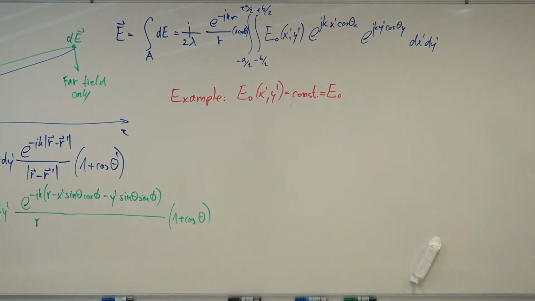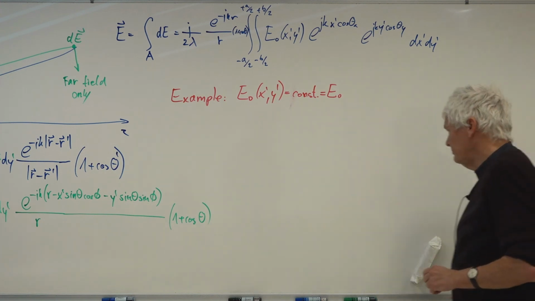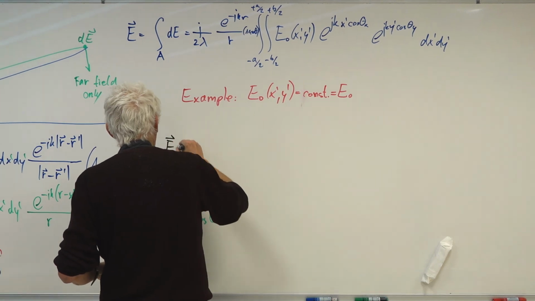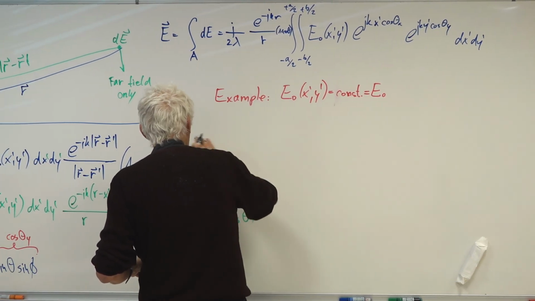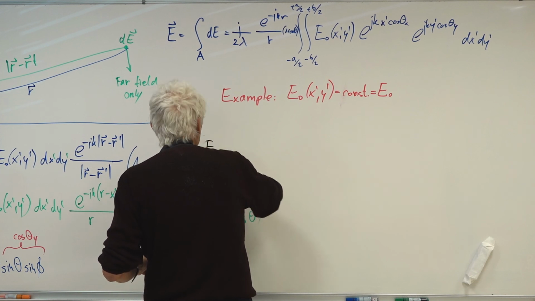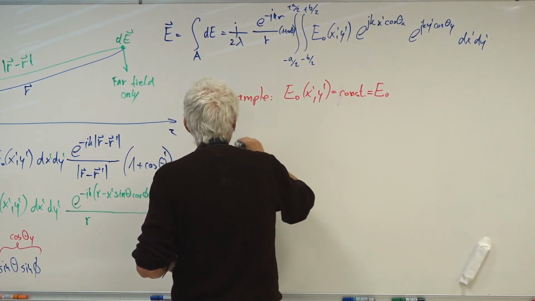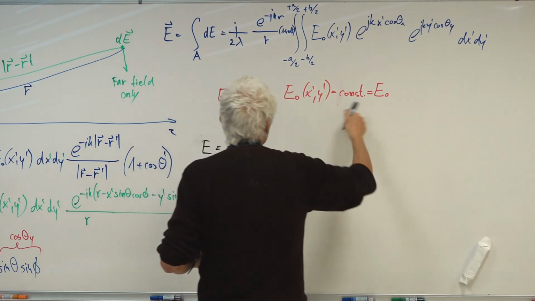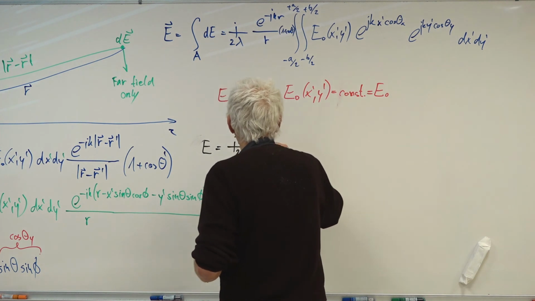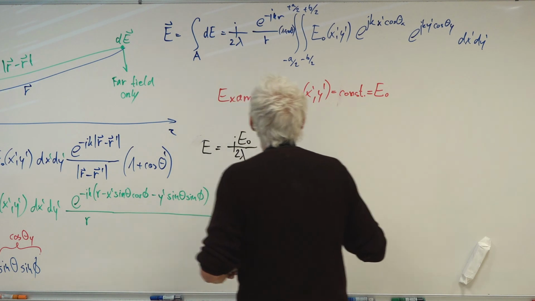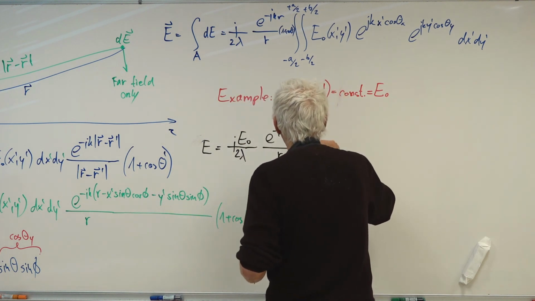So if I rewrite this equation now, E is equal to what? Without the vector sign, because we are not dealing with polarization. So E is now equal to j E0 over 2 lambda, if the illumination is constant, e to the minus jkr over r, 1 plus cosine theta.